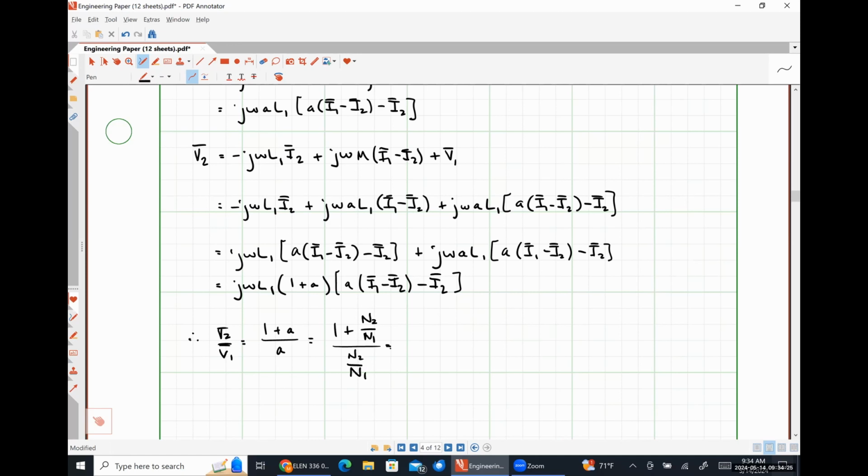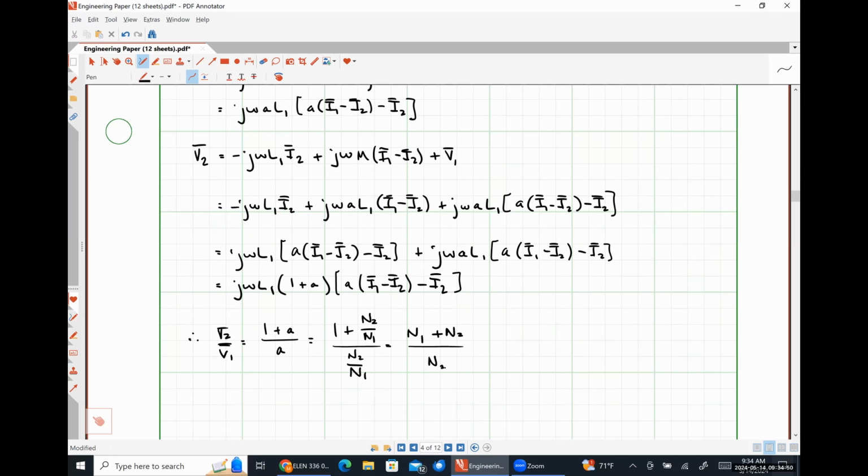Multiplying both sides by N1 over N1 gives me N1 plus N2 divided by N2. So let's think about this for a moment. What does this represent?